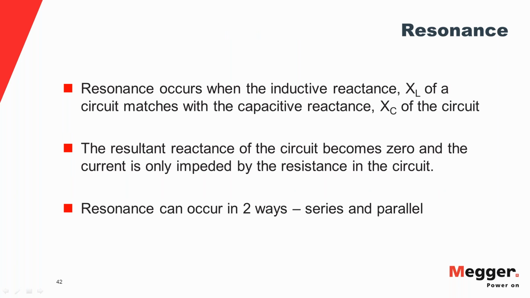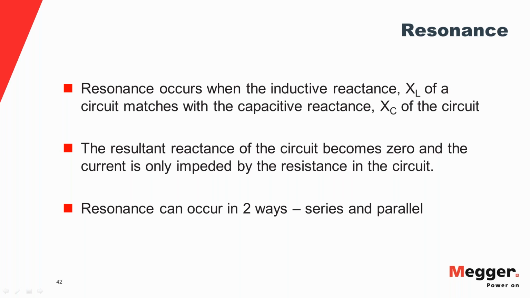So what is resonance? We're talking about electrical resonance here. In a circuit, you have a resistance, an inductance, and a capacitance. If the inductive reactance matches the capacitive reactance, since inductance and capacitance have opposing effects on a circuit, the resultant reactance of the circuit becomes zero.